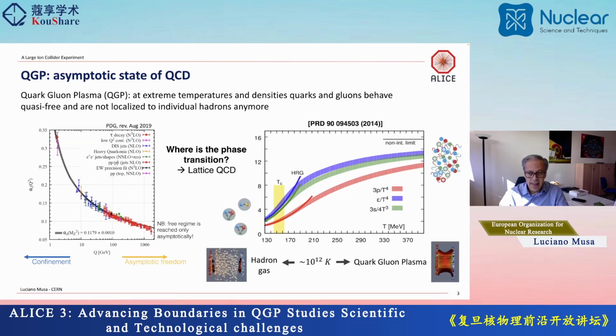And this residual difference has, as we know, profound consequences on the properties of the medium which is created, with this remaining coupling giving this medium very specific features.